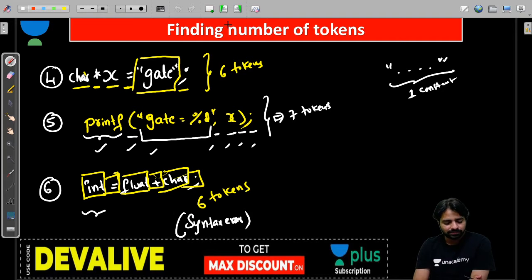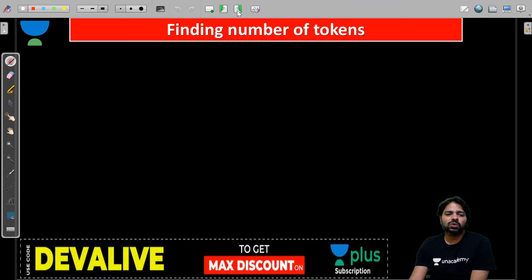All right, comments are deleted by the lexical analyzer, so why would it count them as tokens? It will produce only tokens.